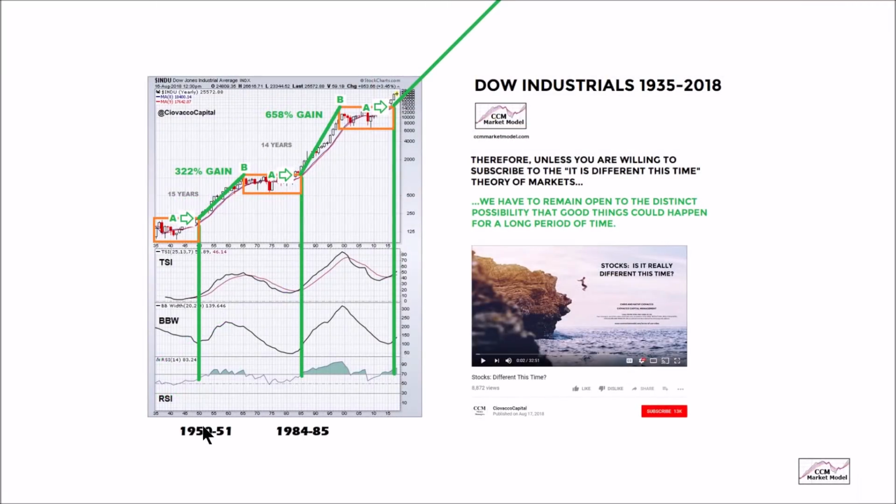Here are the same two periods in the August 17th, 2018 video, 1950 to 1951. This looks a lot like the present day. 1984 to 1985, this looks a lot like the present day. This is a chart of the Dow from 1935 to 2018.